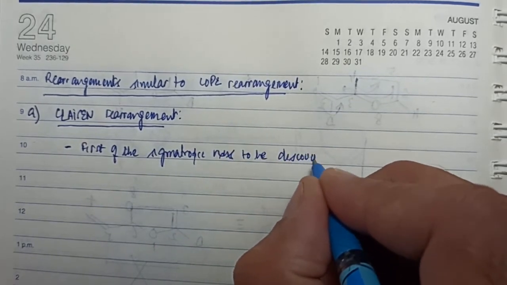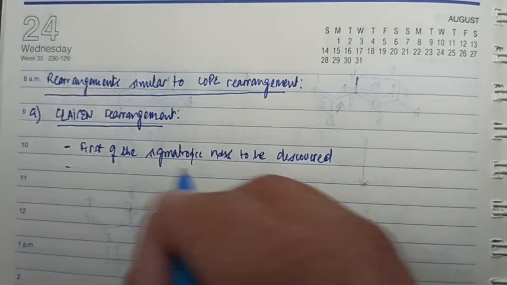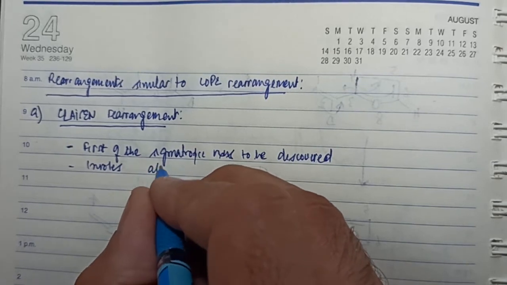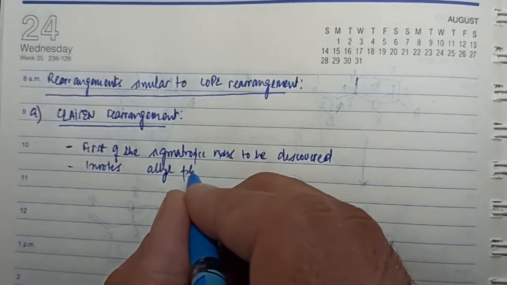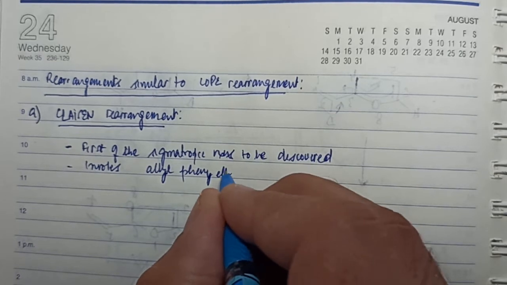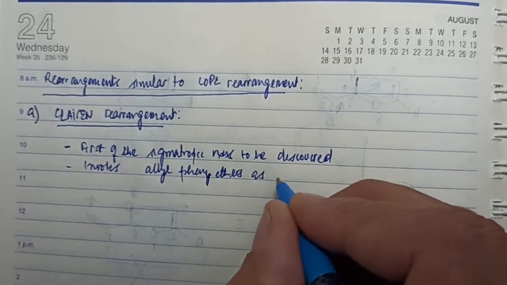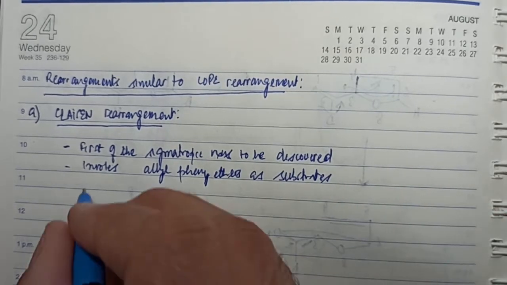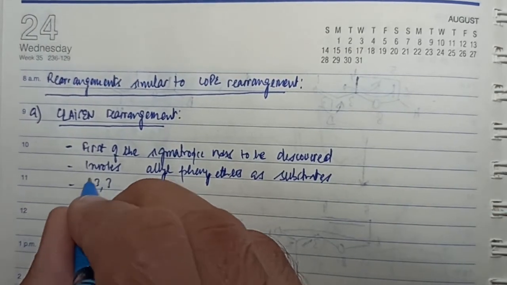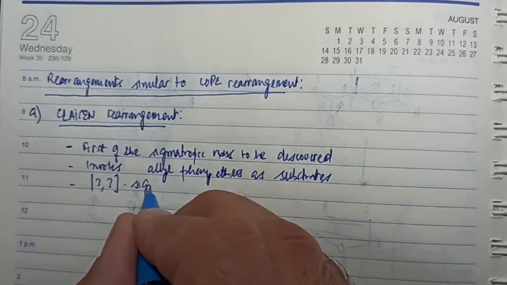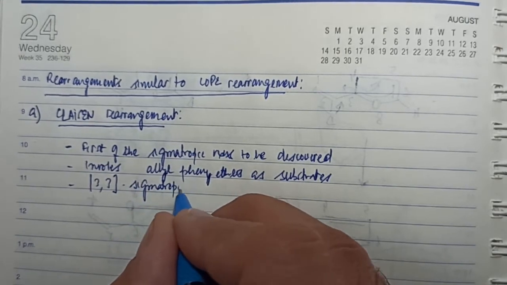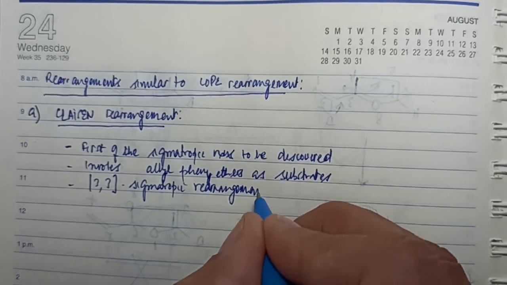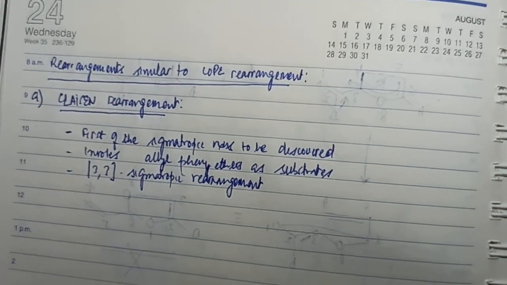And it involves allyl phenyl ethers as substrates. Remember, it's similar to Cope rearrangement, therefore it's again a 3,3 sigmatropic rearrangement. The mechanism of the reaction, the stereochemical mode, the reaction conditions are exactly similar to the Cope rearrangement.